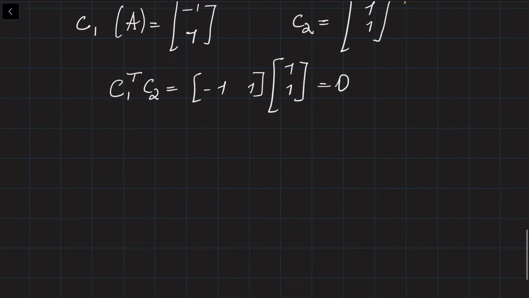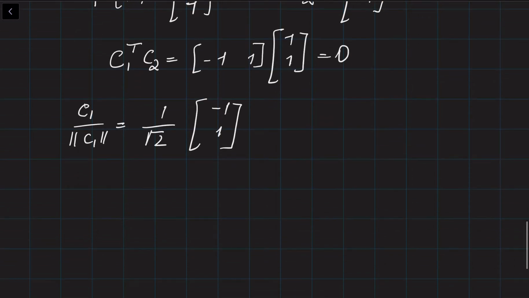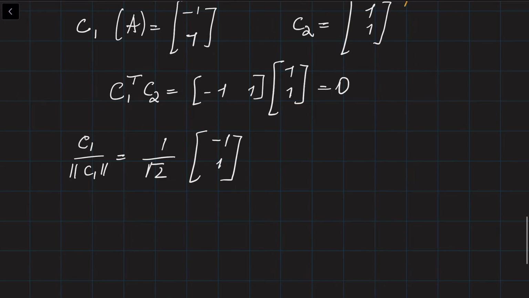If you just divide the first column C1 by its norm, so it's going to be (-1, 1), and the norm of this vector is simply the square root of 2, so we multiply by 1 divided by the square root of 2. And this is going to be the first column of the orthogonal matrix, so let's denote this as Q1.